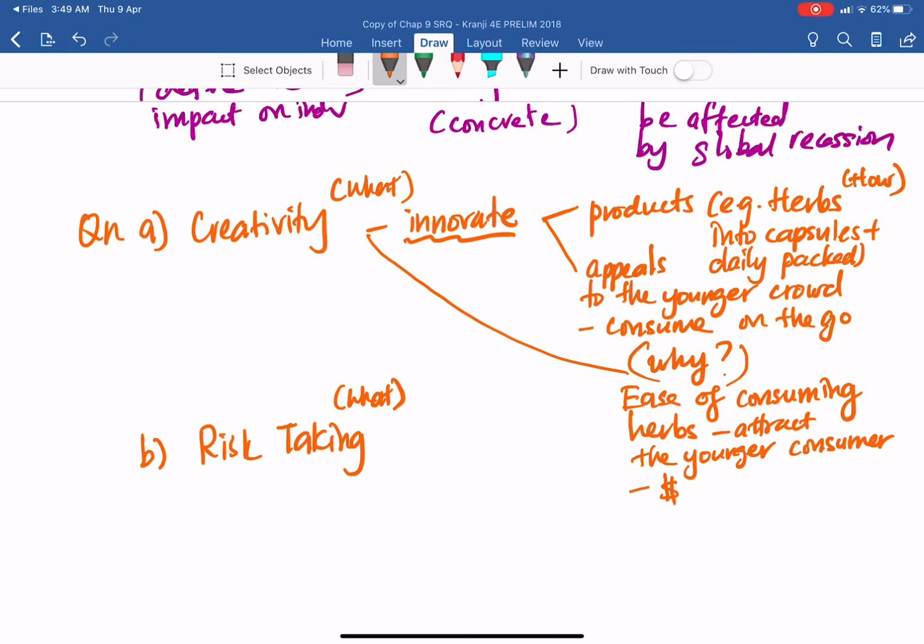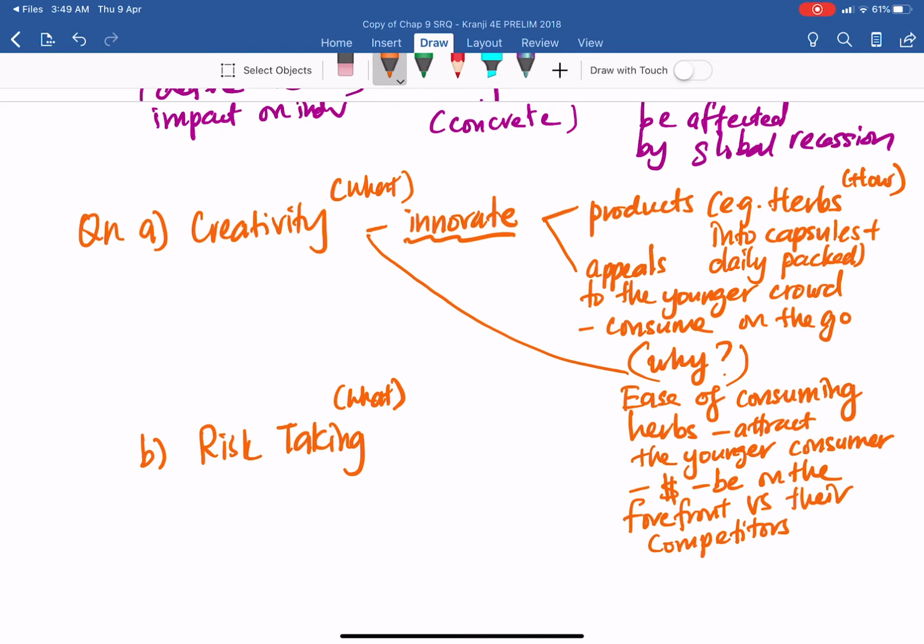And they are able to be on the forefront versus their competitors. And their competitors could be really those one-off traditional TCM, correct?